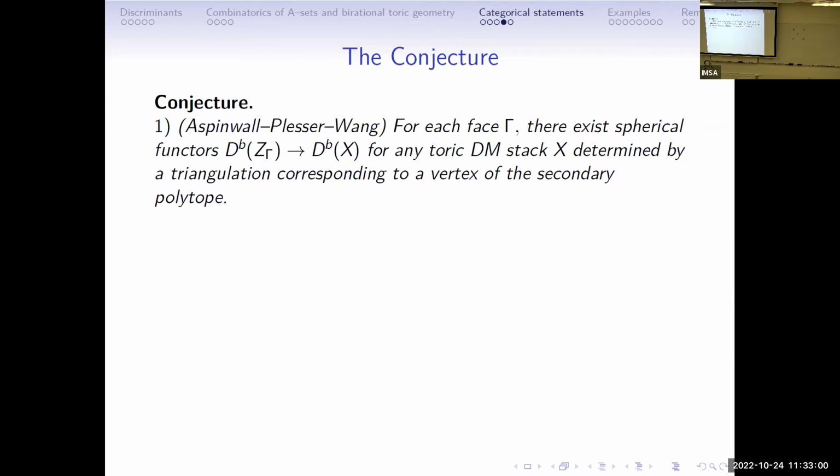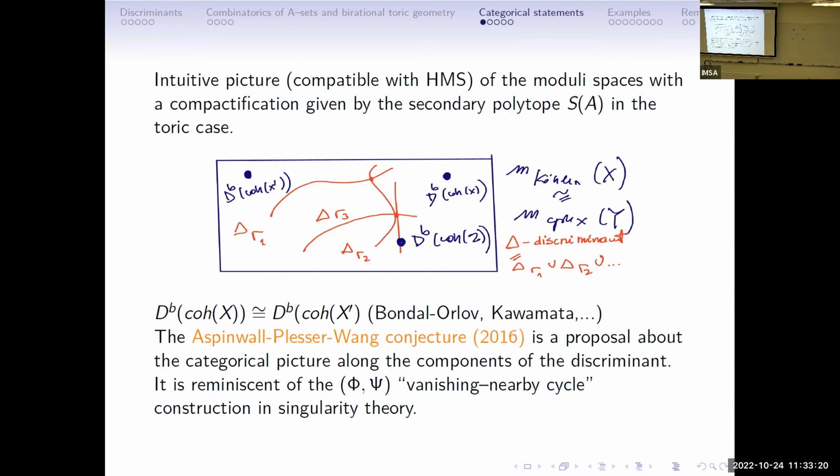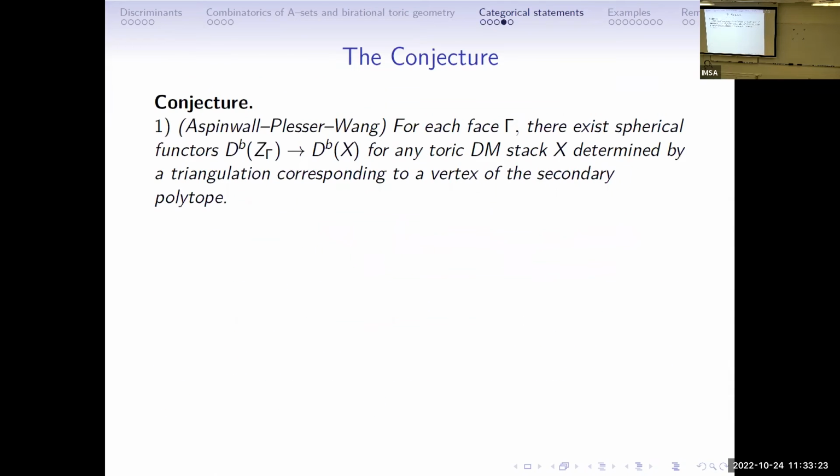So going back again to this picture, the claim is that along each discriminant locus there is a category, and associated to it there is a spherical functor from the category on the component to the ambient category. And now with this construction, we really do have a very specific proposed combinatorial construction for this Z gamma.